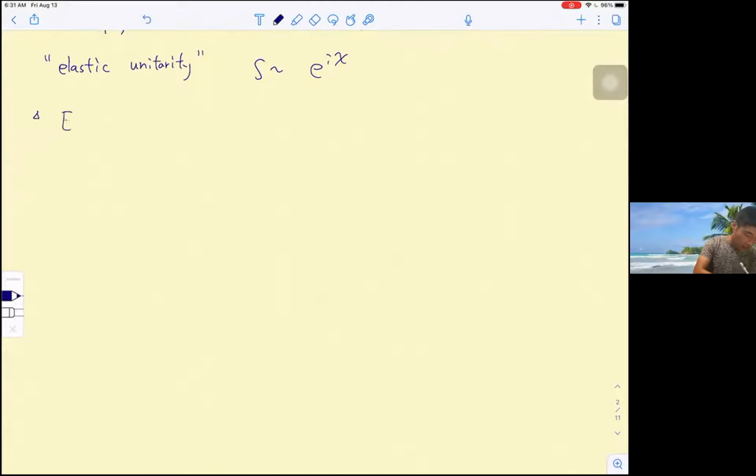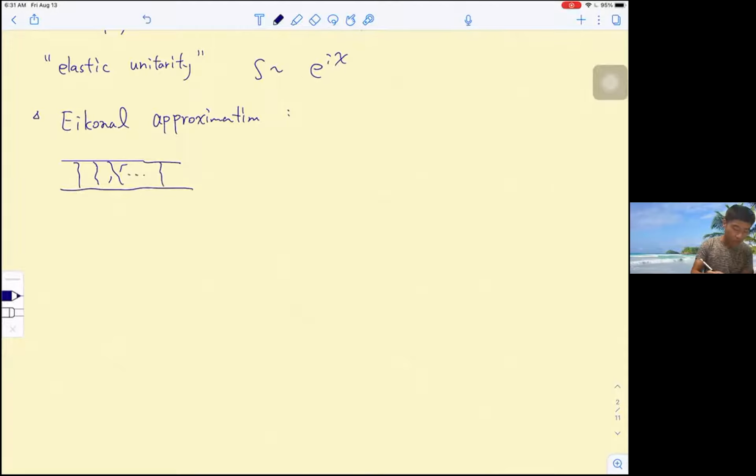One is the so-called eikonal approximation. The purpose of this eikonal approximation, at least the standard one, is to resum this entire tower of ladder diagrams. The thing I'm going to talk about here is for the leading order 1/q² behavior, and we want to resum these infinite classes of diagrams from these ladder integrals.